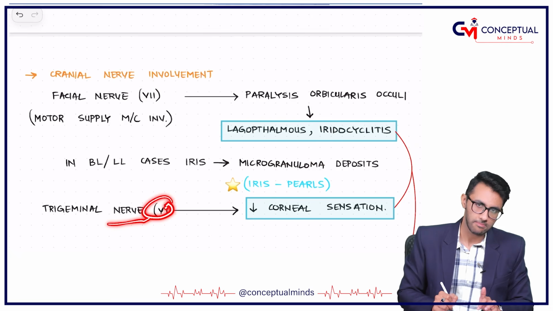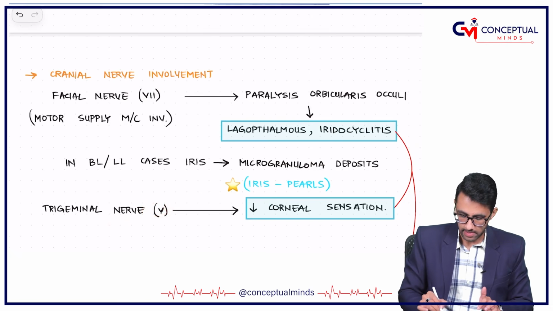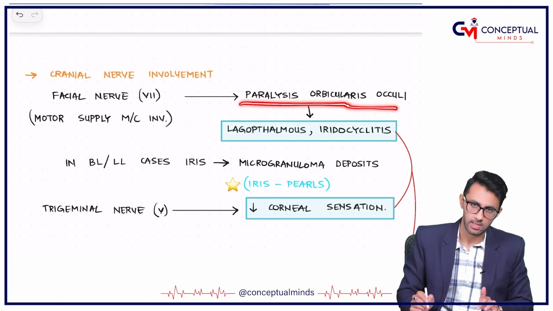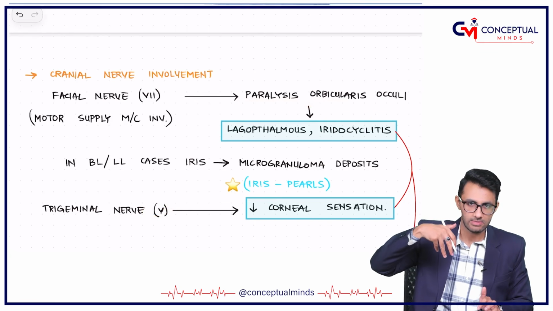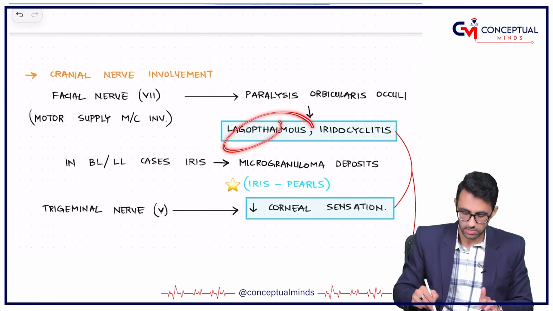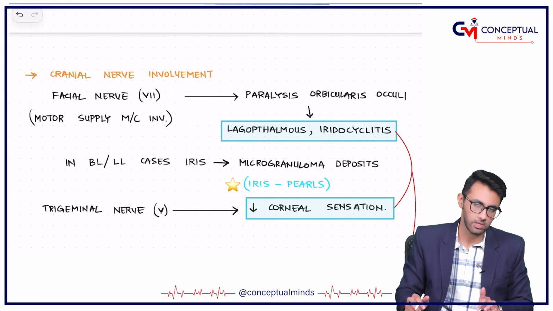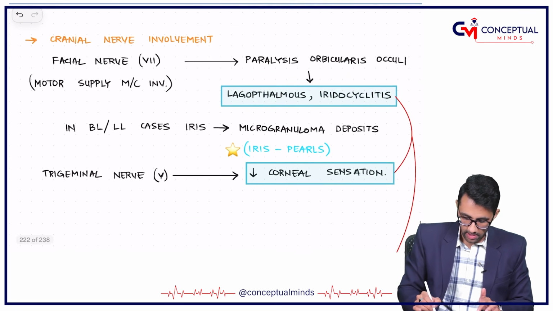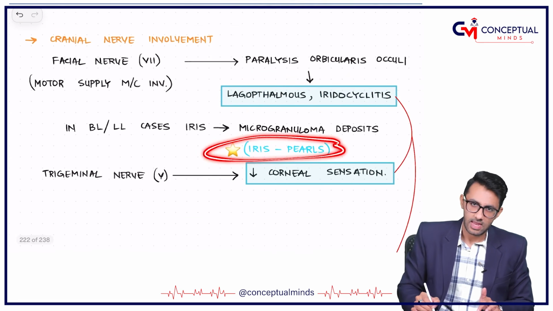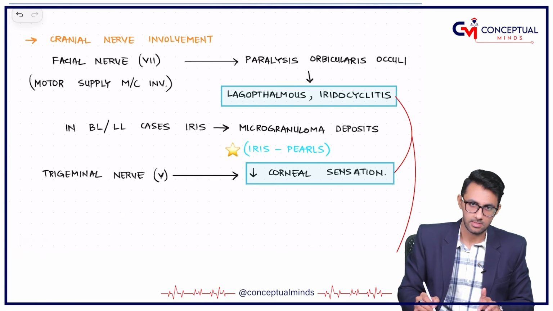Okay, what is happening is there is paralysis of orbicularis oculi, so we will have lagophthalmos and iridocyclitis, also known as anterior uveitis. Okay, fine. We can have deposits, and they are called what? Iris pearls.